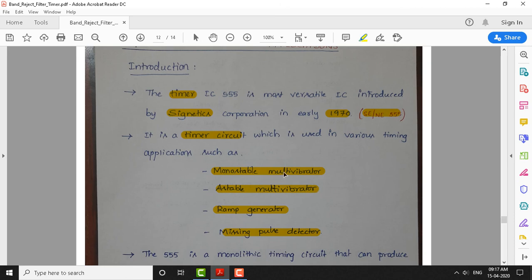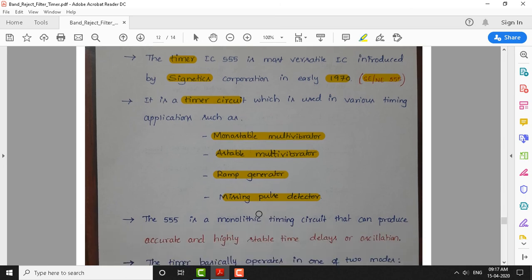The monostable multivibrator expects a triggering pulse to change its state, whereas the astable multivibrator doesn't need any external triggering pulse to change its state. We also have a ramp generator. We can generate a linearly increasing signal, that's called a ramp. And also the missing pulse: any pulse missing in a series of pulses or waveforms can be detected using this timer circuit.